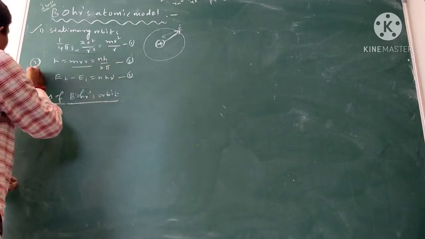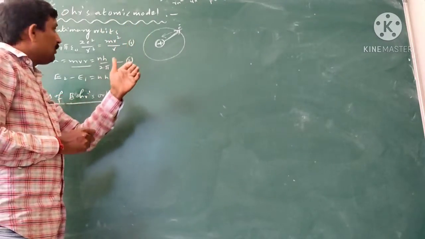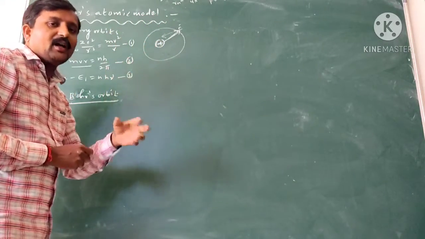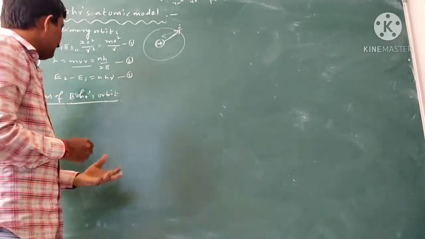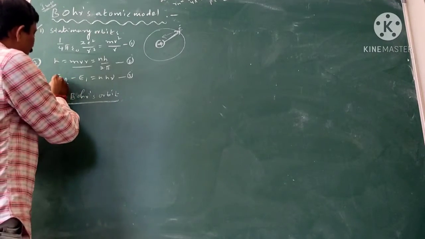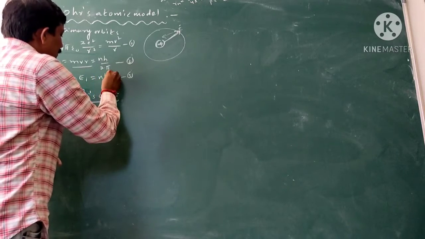The third one is, when the electron jumps from one orbit to another orbit, it absorbs or emits energy. The absorbed or emitted energy is E2 minus E1 equal to n into h nu.